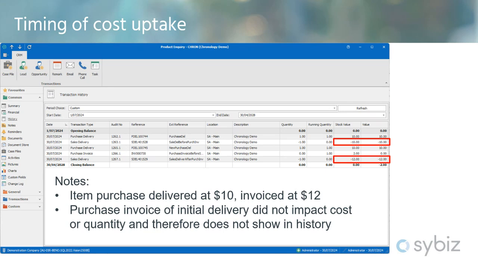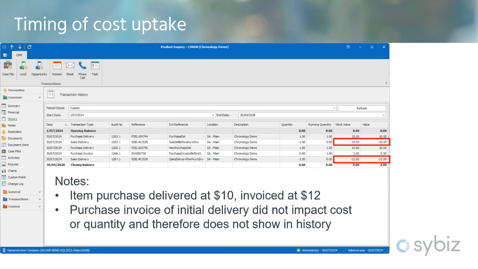Then we subsequently get an invoice at $12, but because that invoice has come in after we've sold the item, the stock no longer exists, so we don't get a chance to update the cost of it. In essence, the system's basically overstating our profit because we thought this item only cost us $10 at the time we sold it.